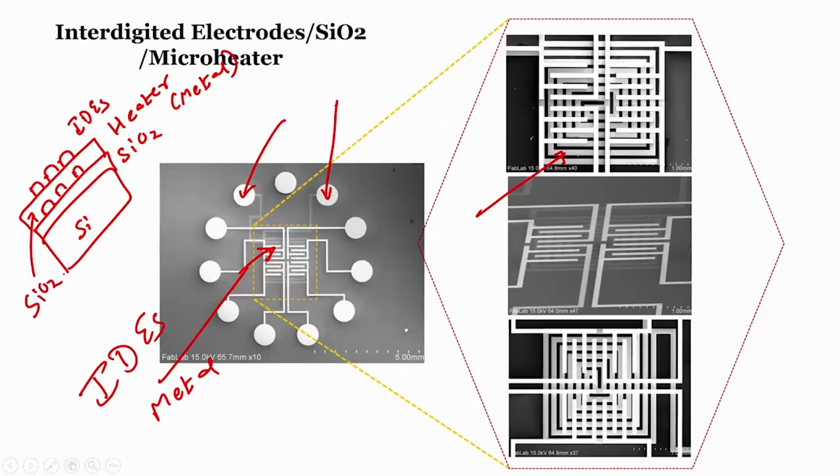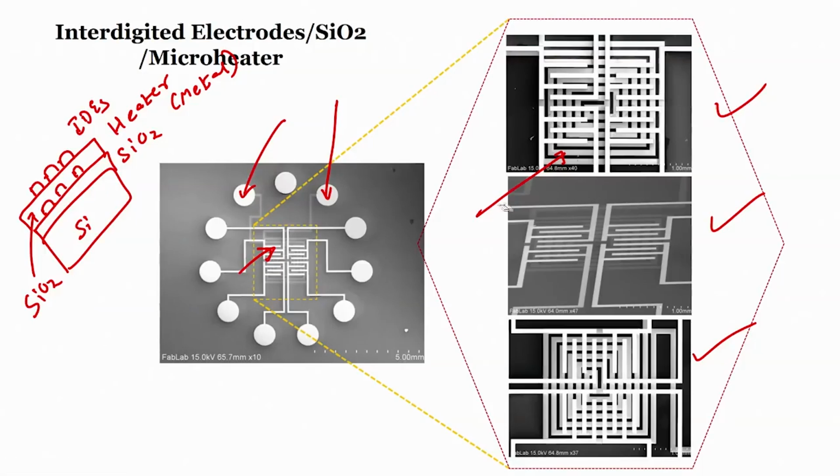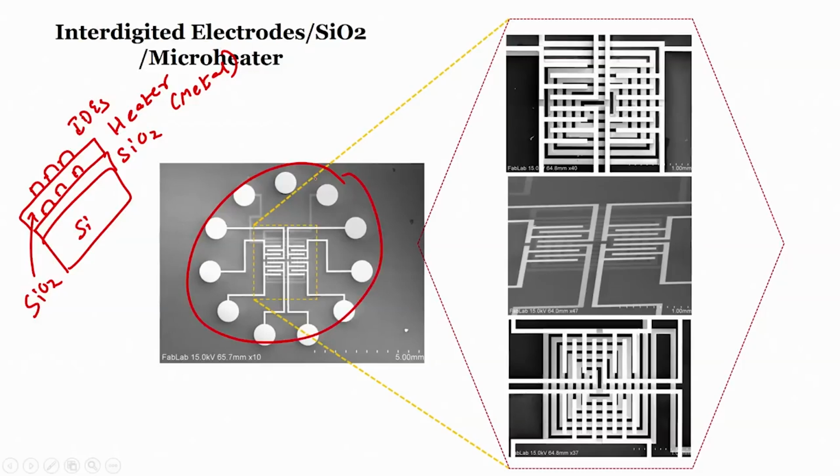insulating layer. So, in any of these devices, there is a micro heater at the bottom, on which there is an insulator, which can be silicon dioxide or silicon nitride, and on that we have patterned interdigitated electrodes.